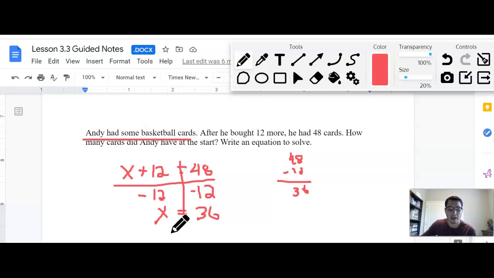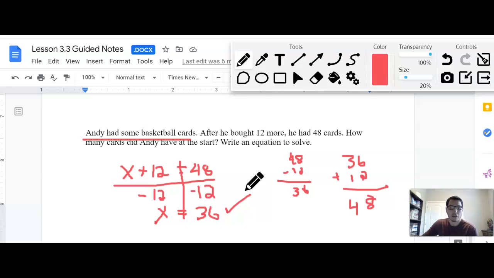We're going to plug this back in for our variable. 36 plus 12, we get 48. 48 is equal to 48. So it checks out and we are good.